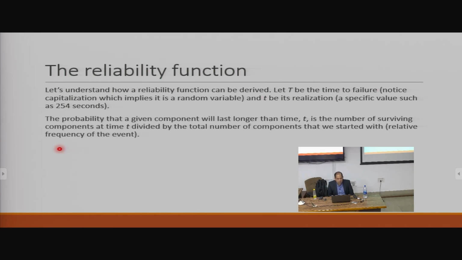So the probability that a given component will last longer than time t is the number of surviving components at time t divided by the total number of components that we started with, okay? So reliability at time t is number surviving over number total at time t, which is the same as number surviving at time t over number surviving at time t plus number failed at time t.